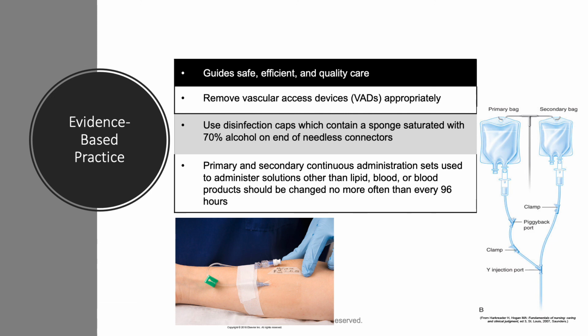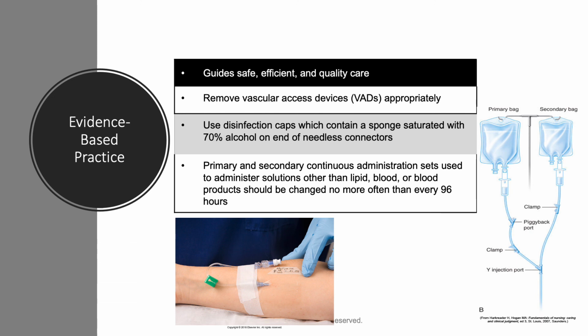Additionally, when the infusion therapy has been discontinued, the doctor writes an order discontinuing the therapy, or when the IV site's no longer necessary for the patient's plan of care, we should remove it.